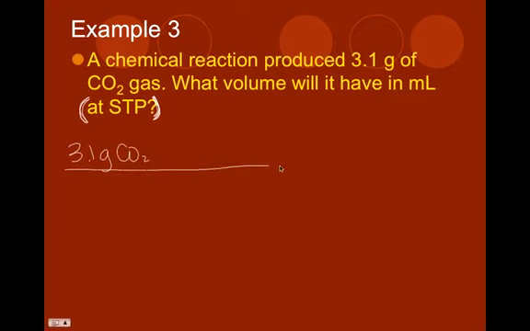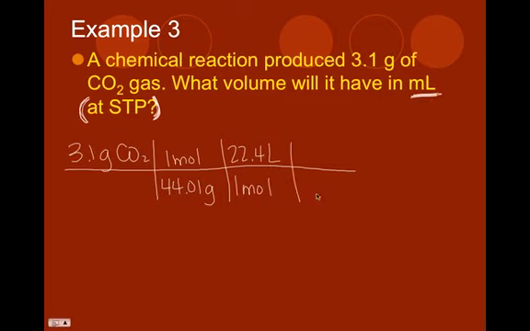And because I'm starting in grams, the first thing I have to use is molar mass. So the molar mass of CO2 is 44.01 grams per mole. And because I am at STP, I get to say that 1 mole has a volume of 22.4 liters. And the question asked me for my answer in milliliters, so go ahead and make that conversion.